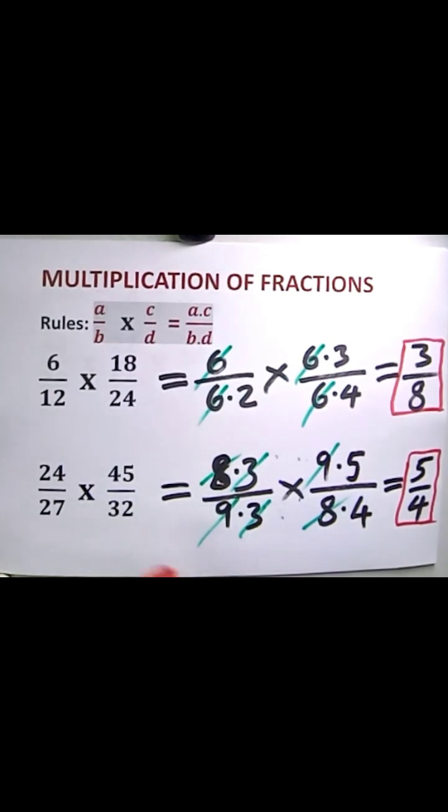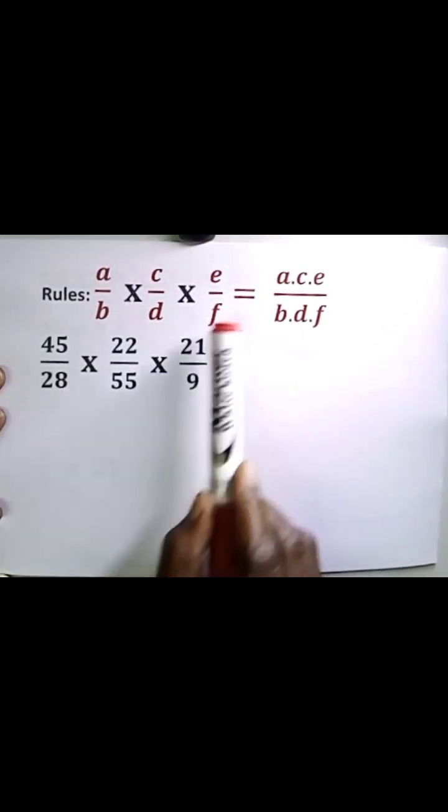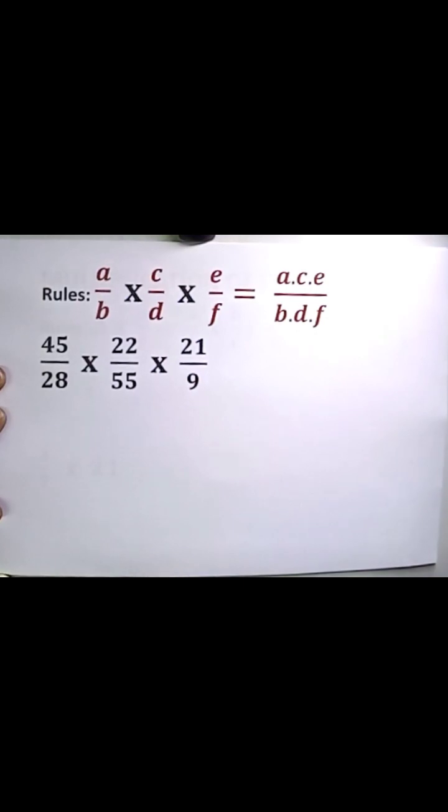Because we were able to break the different numbers down, we're able to simply work it out without cracking our brain about multiplying large numbers. So take note of this example. Now, just to extend the rule a little bit further, if you have 3 fractions instead of 2 fractions, it's the same thing.